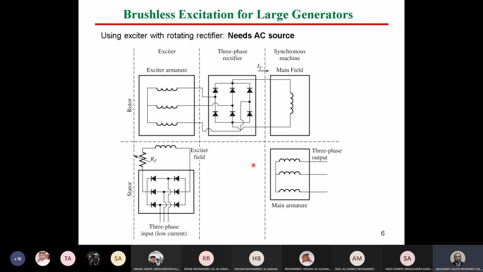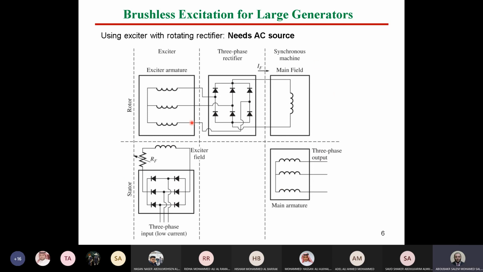Is it clear, guys? Shall I repeat it? Okay, I will repeat. Again, the figure is divided into many parts. The lower part represents the fixed parts, which are not moving.